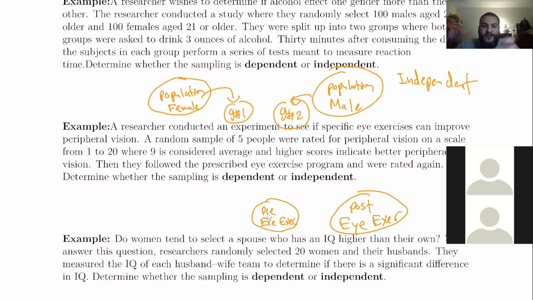Those are the two groups we want to put them into. We test them before they take the eye exercise, and then we test them again after they take the eye exercise.